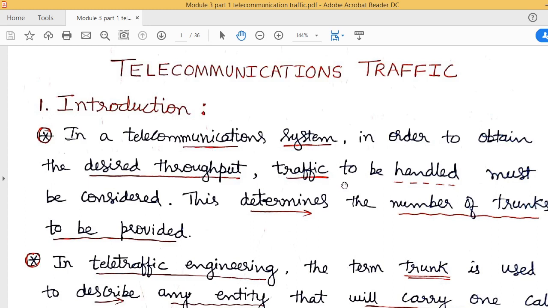The traffic to be handled must be considered. This will determine the number of trunks to be provided. Depending upon the traffic that needs to be handled, we need to provide the required number of trunks. If the traffic is large, we need to provide a large number of trunks. If traffic is very small, then we can make use of a small number of trunks to provide the required throughput.